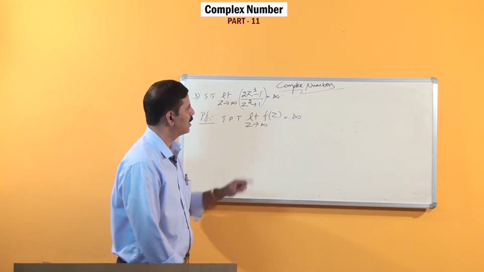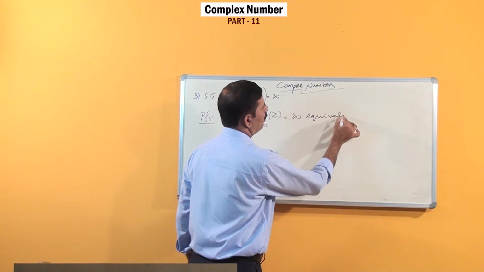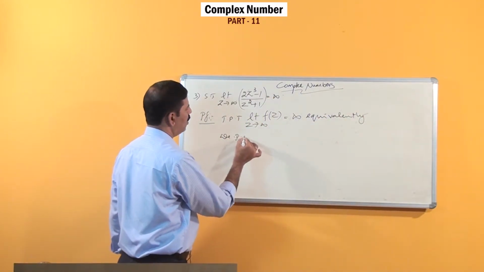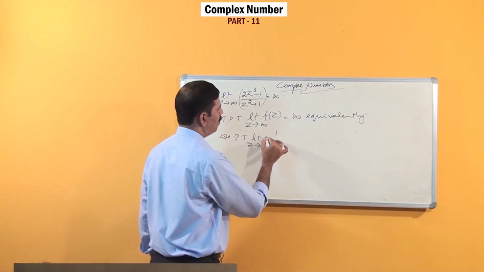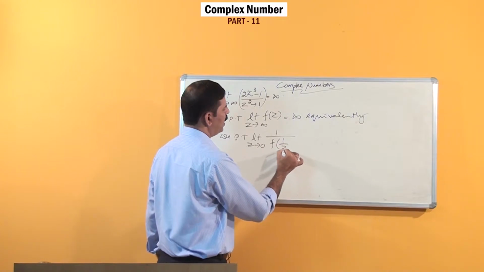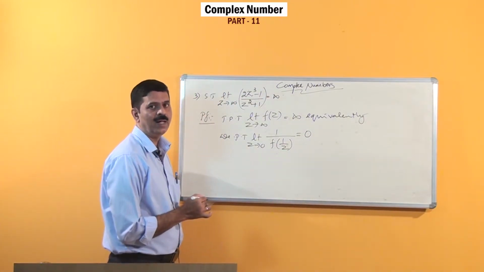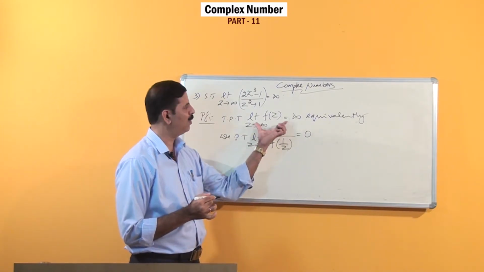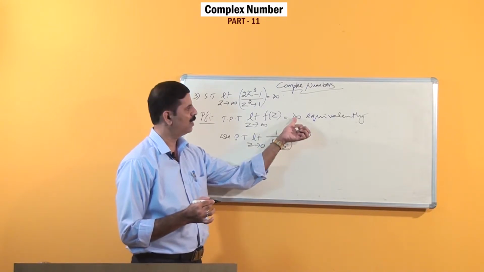In this case, equivalently we prove that the limit as z tends to 0 of 1 by f of 1 by z is equal to 0. Observe this other pattern, the equivalent form equal to 0, that is 1 by infinity is 0.